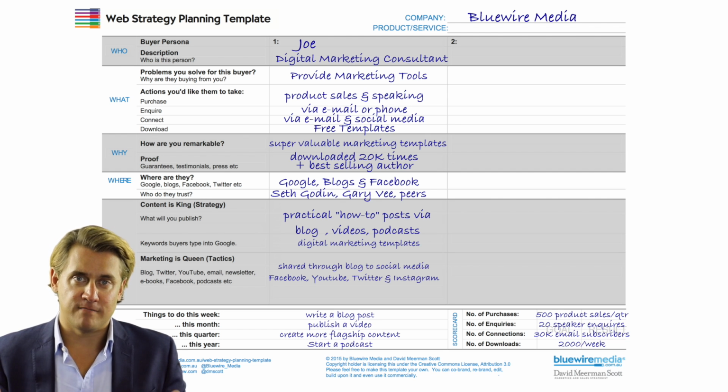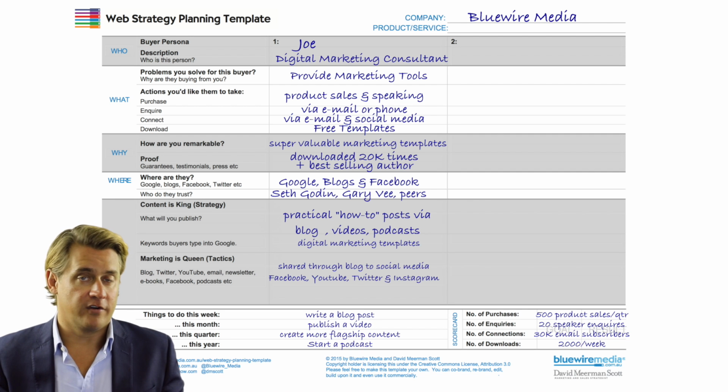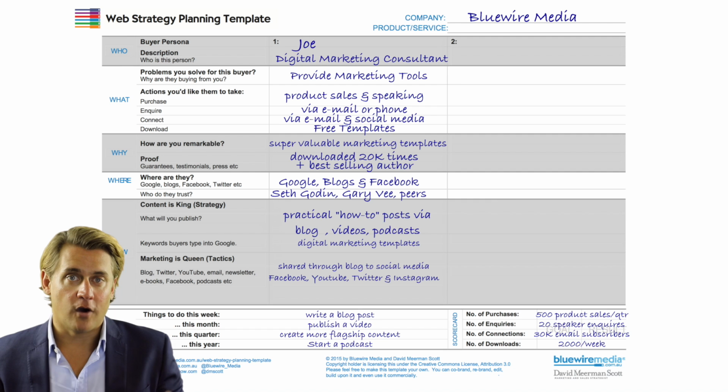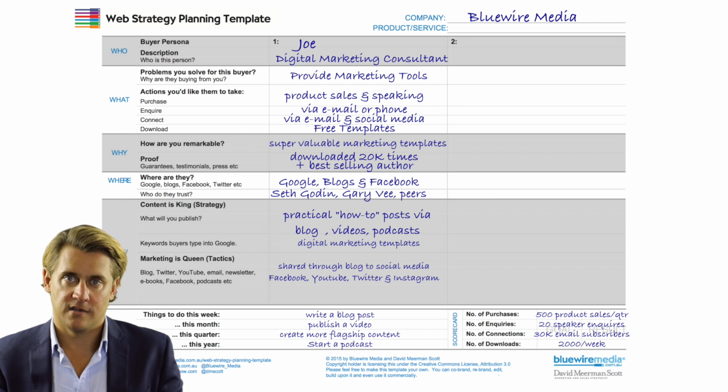Some of the easiest metrics to track, or the most effective metrics to track, are the number of purchases, so whether that's an absolute number or whether it's the revenue or sales that you've made, the number of inquiries that you've received, the number of connections, so maybe the number of followers on Twitter, the number of email subscribers, the size of your traffic.